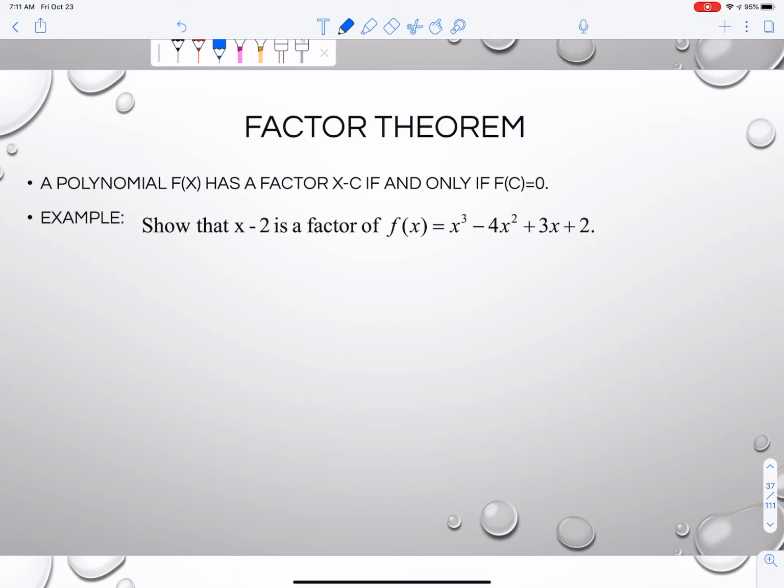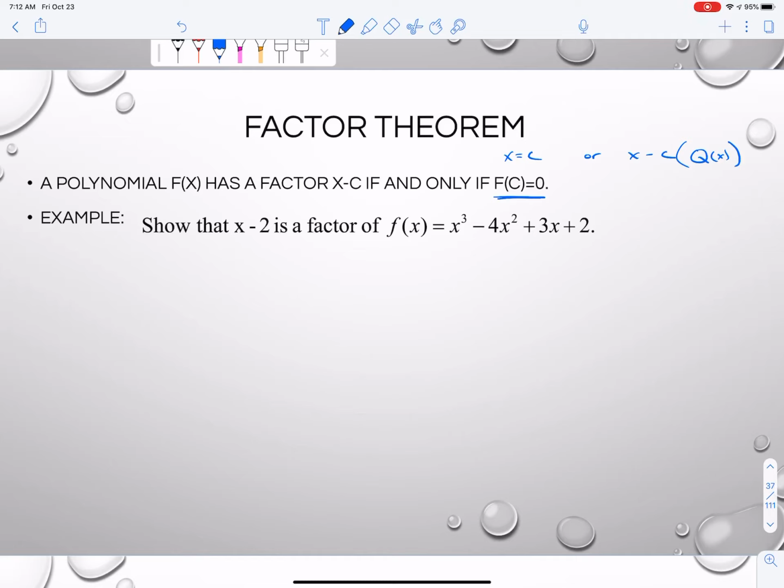So if I evaluate the remainder theorem and I get f of c equals 0, a remainder of 0, it tells me that x equals c is a zero of the function, or that x minus c was a factor of the function. And in fact, x minus c times the quotient on top of my division symbol is a factored form of my original polynomial.